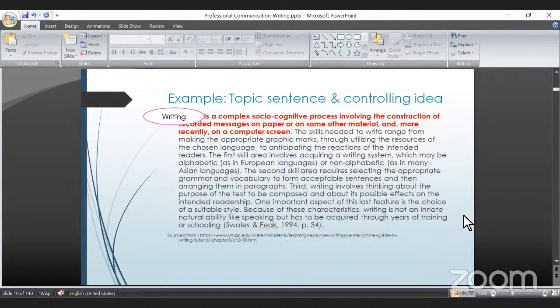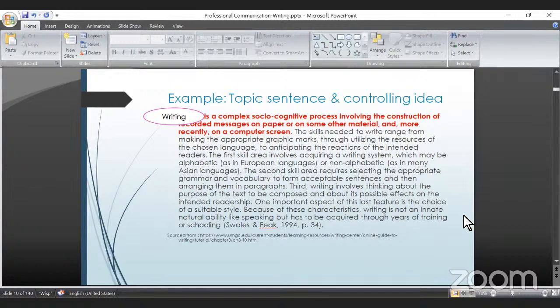See the connection between the first sentence and the sentences in the paragraph, right from the skills needed to write till the last sentence. All of those three or four sentences are basically an elaboration of what this socio-cognitive process is.